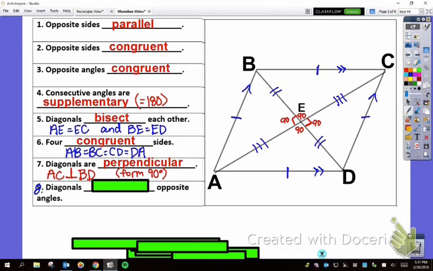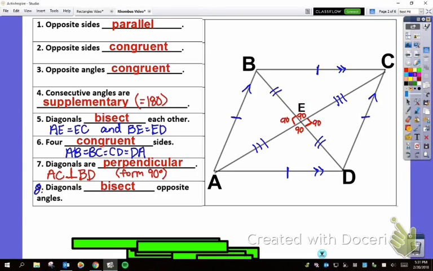So our last property that we have is that the diagonals bisect the opposite angles. Now you'll remember from when we talked before about opposite angles that our opposite angles would be this whole angle A, or we can name it BAD, is congruent to this whole angle C where we have angle BCD.